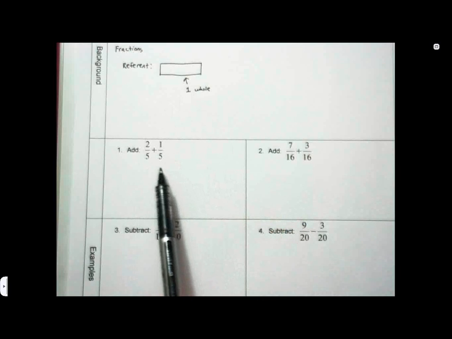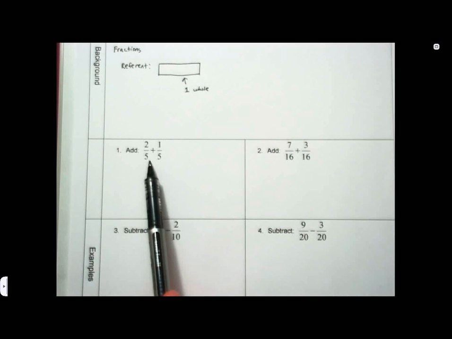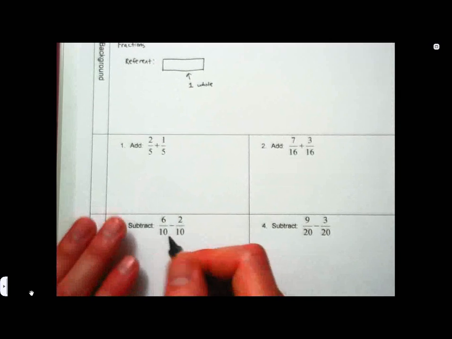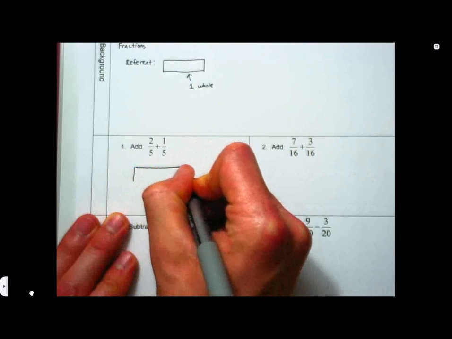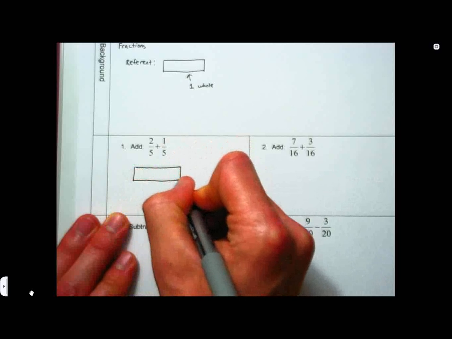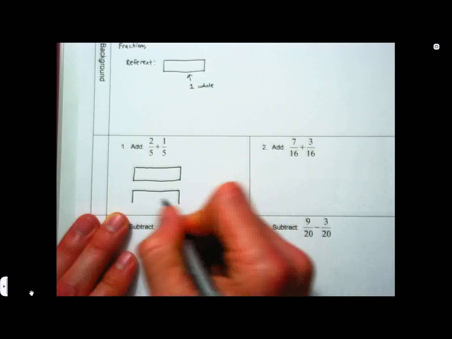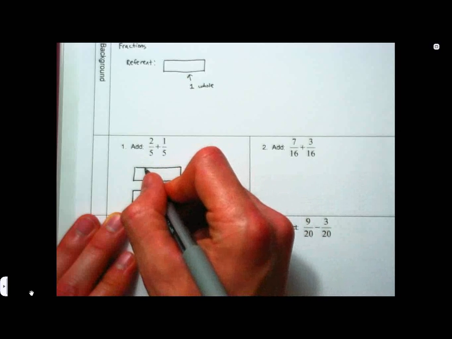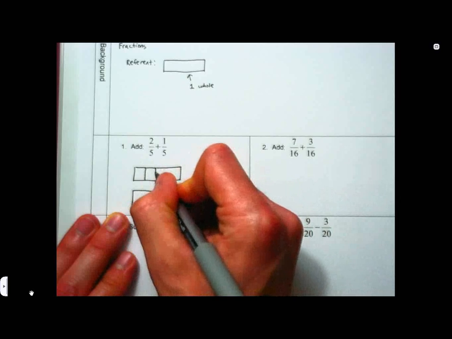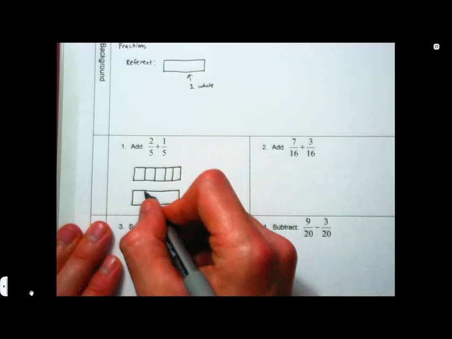So if I look at 2/5 and 1/5, the first question I have to ask is, can I add those pieces together? Are they the same size and shape? Well, if I draw out 2/5 and 1/5, again, if this is my one whole, those are supposed to be 5 equal sized pieces.